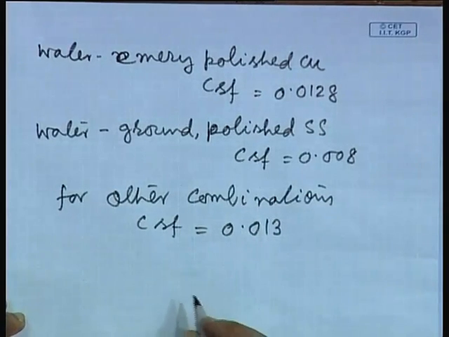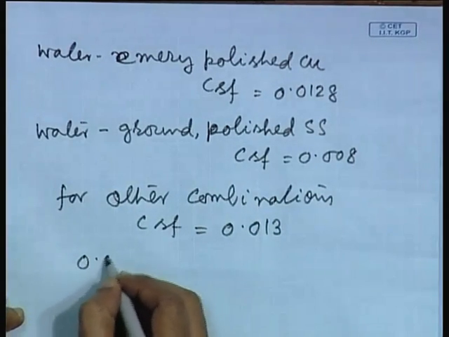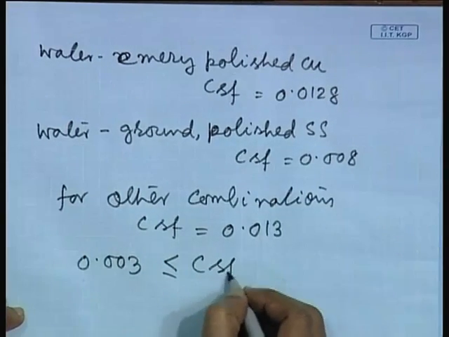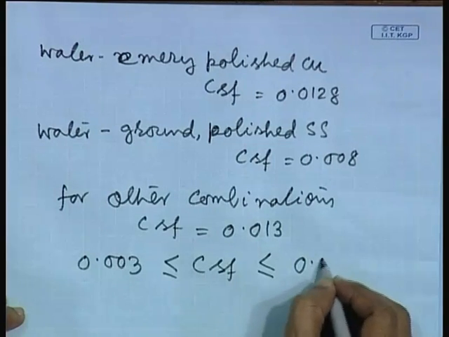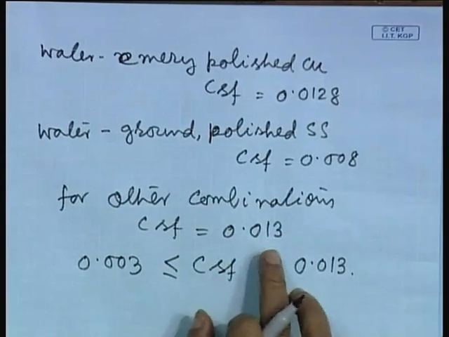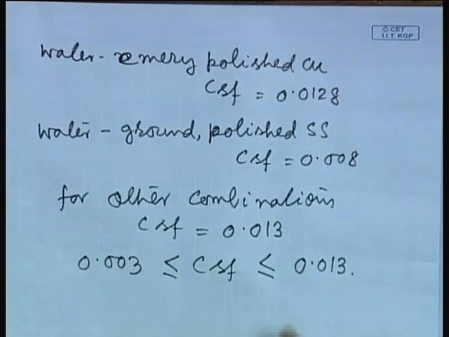So, basically you will see the value of CSF varies. So, what has been done is that for other, unknown fluids, a higher value has been predicted, assuming that for the higher value you will predict a higher heat flux and your design will be on the safer side.